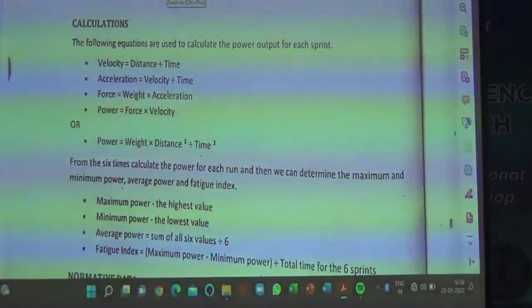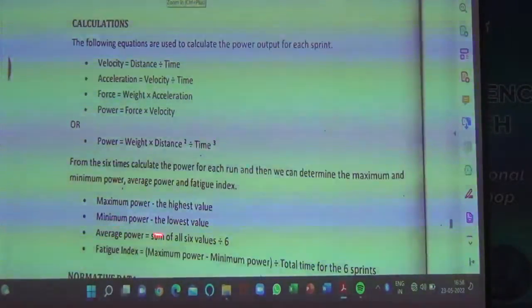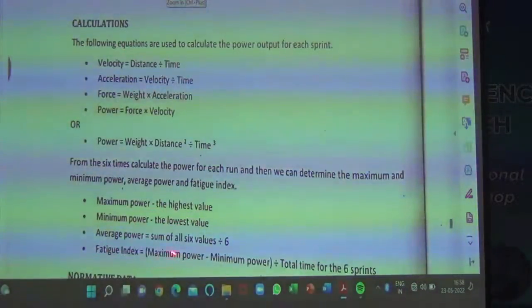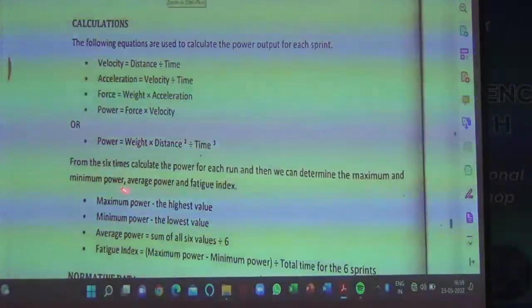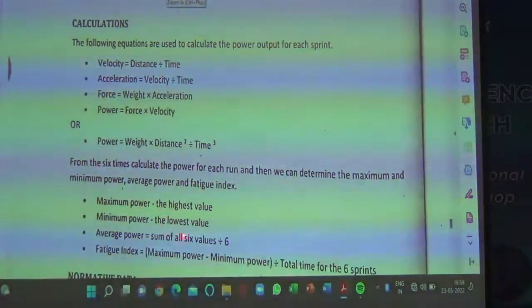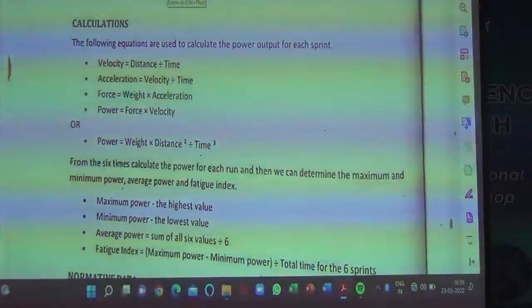So out of the power values, the highest value will be the maximum power. Then minimum will be the lowest one, and average will be the sum of all 6 divided by 6. Have an eye on it. Average power will be the sum of all 6 values divided by 6.